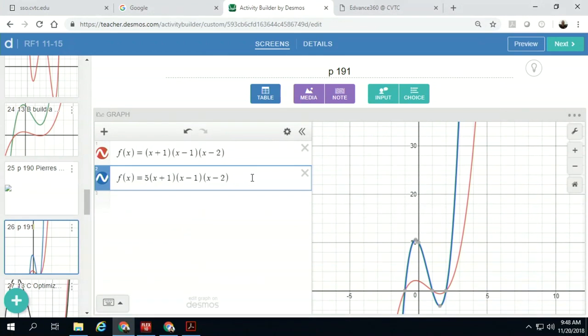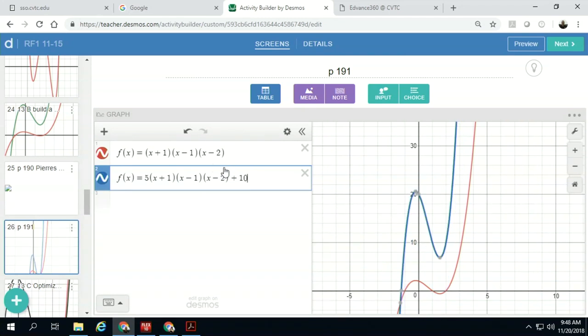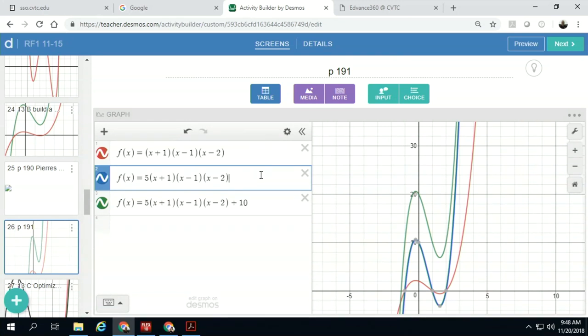What did you call your horizontal axis? So we shift it up 10. Does it look like the one that's in your book?